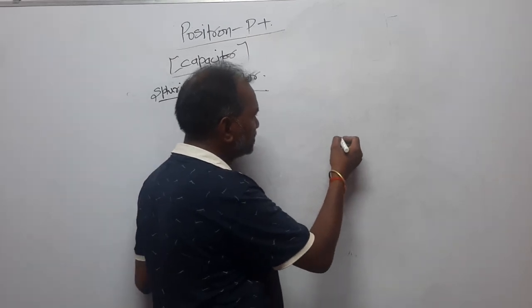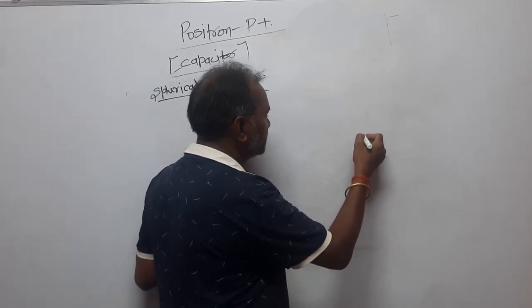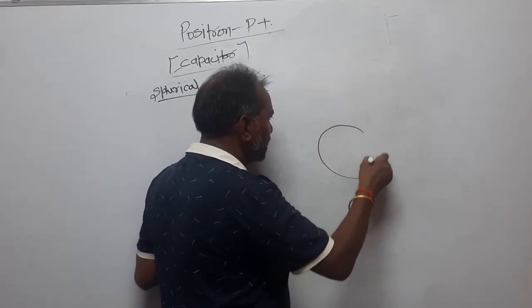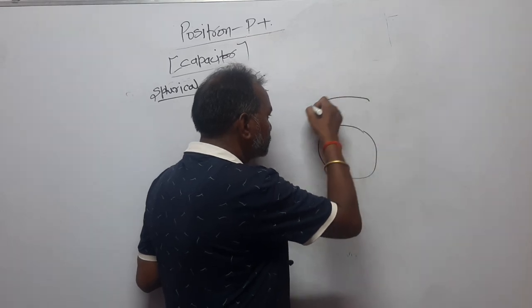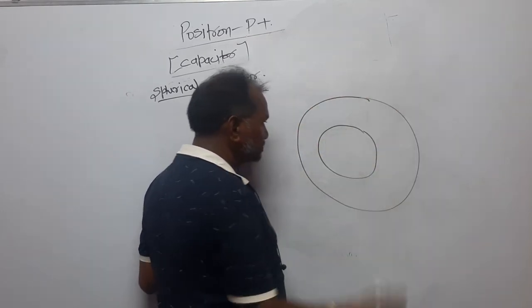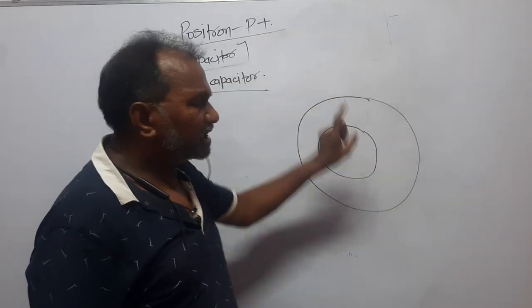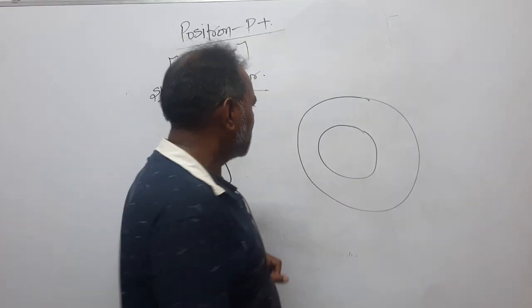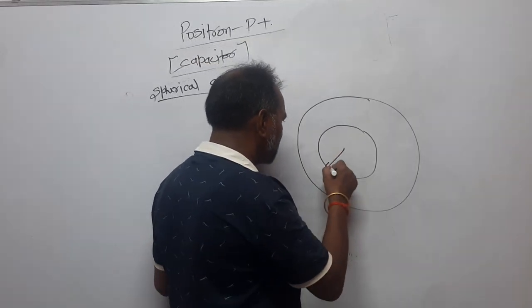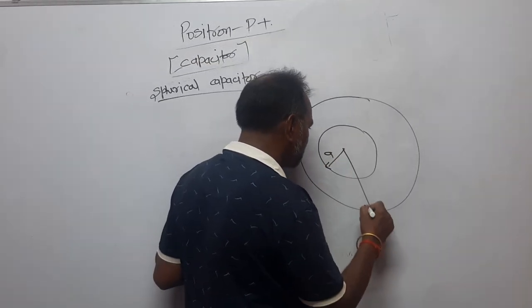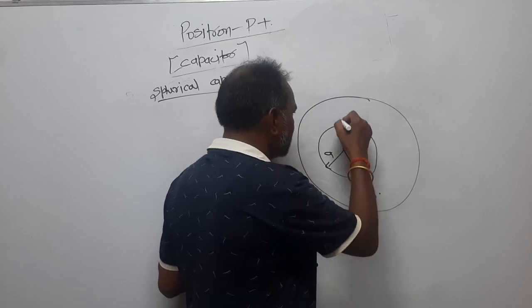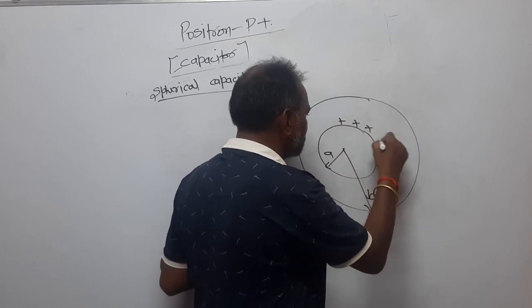Look here. In the case of the spherical capacitor, I have considered 2 spheres. The second one is the bigger one. This has the radius A and this has the radius B. Let the inner sphere be positively charged.